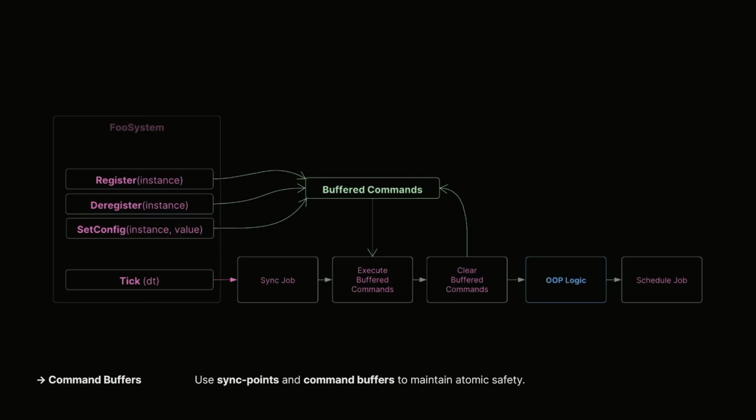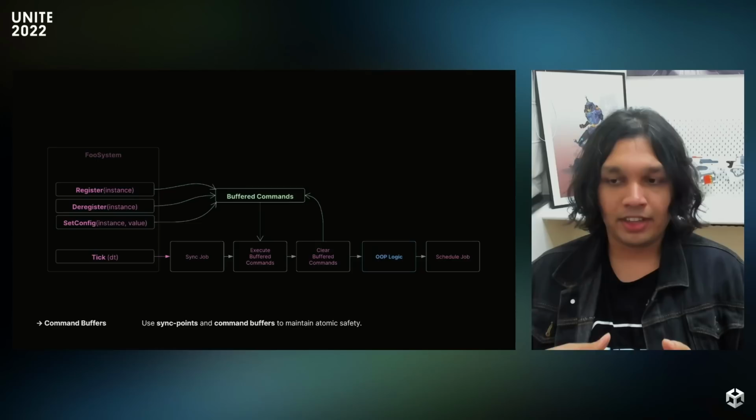And so what the system does is it buffers all of these commands. And upon its tick, as in the next time it ticks, after it completes the job, after it takes full total read-write ownership of configurations and states, it executes all of these buffered up commands, and then it clears up the command buffer.